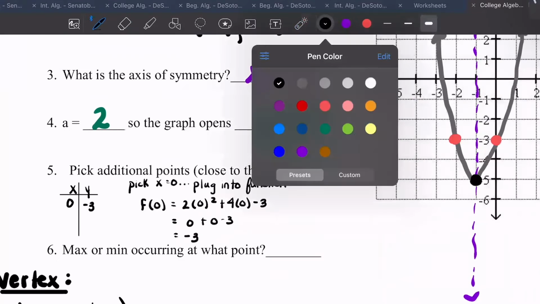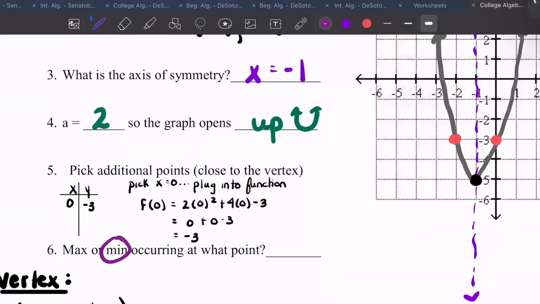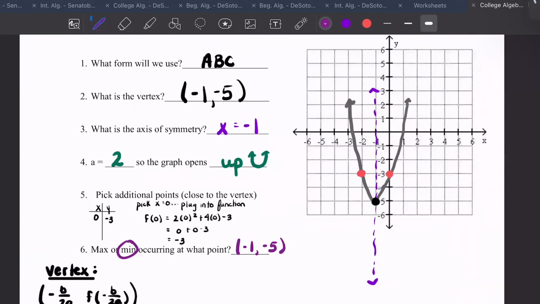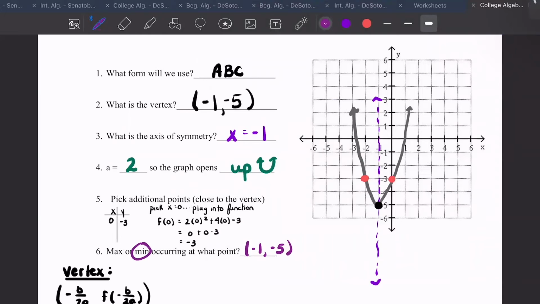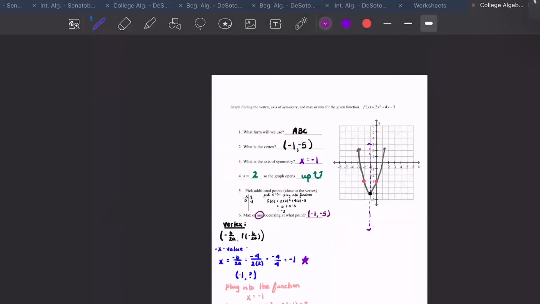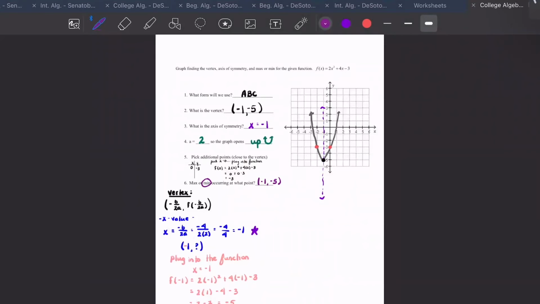I'm going to do it in a different color. Minimum at the point -1, -5. So at the vertex, your vertex is going to be your max or min. If it opens up, you'll have a minimum. If it opens down, you'll have a maximum. Okay, so that is a lot that we can tell. A lot of questions that we can ask just from our one function.